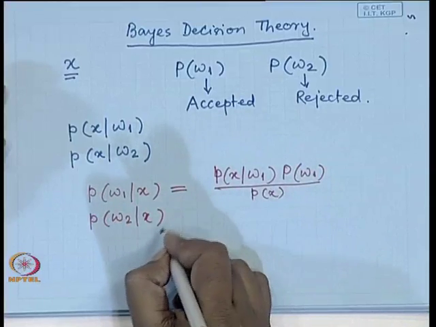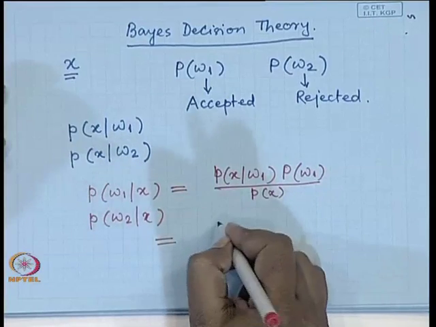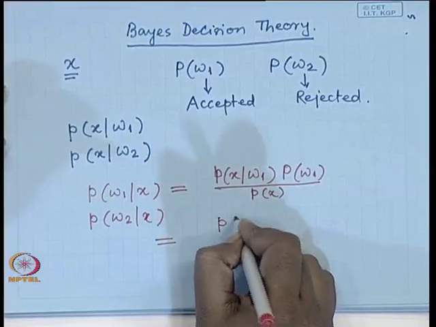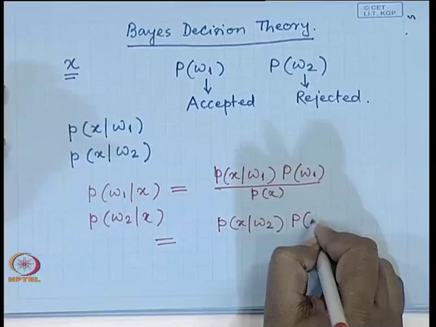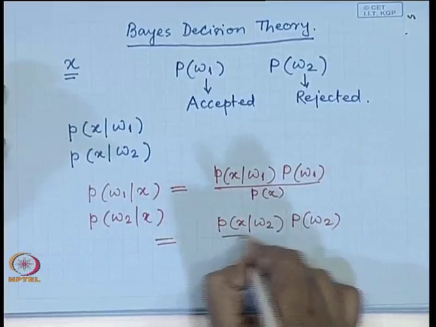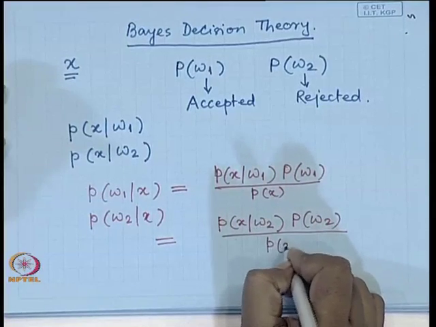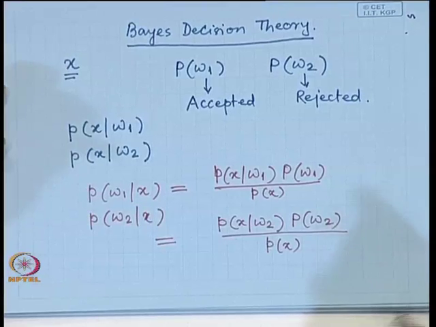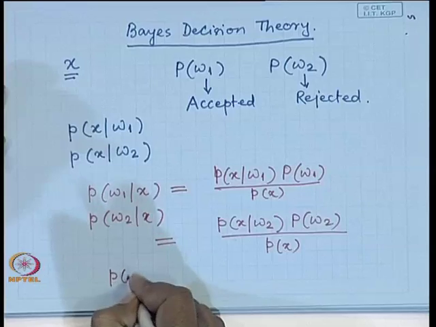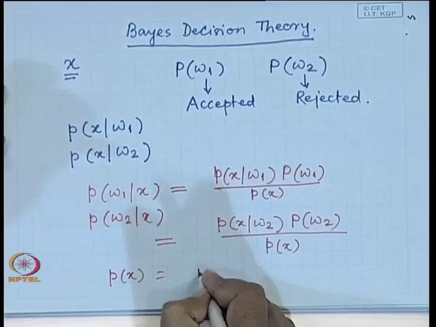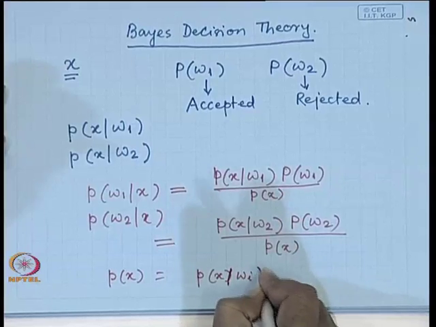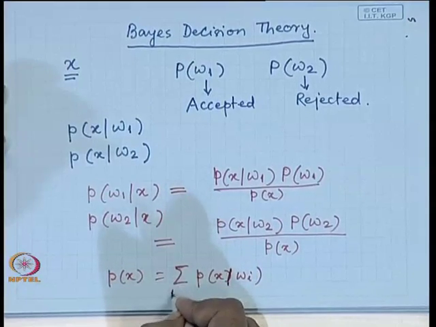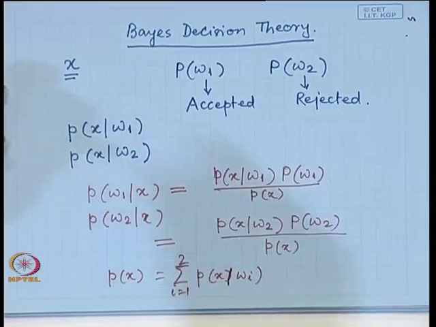Similarly, p of omega 2 given x is nothing but p of x given omega 2 into p of omega 2 upon p of x. You find that this p of x appears in the denominator of both these expressions, where p of x is nothing but the summation of p of x given omega i into p of omega i, for i equal to 1 to 2.